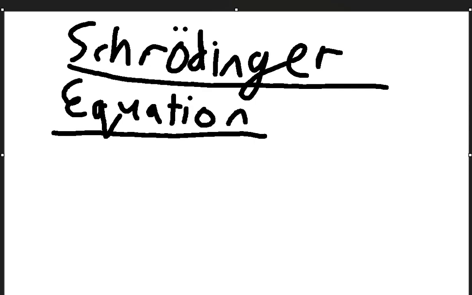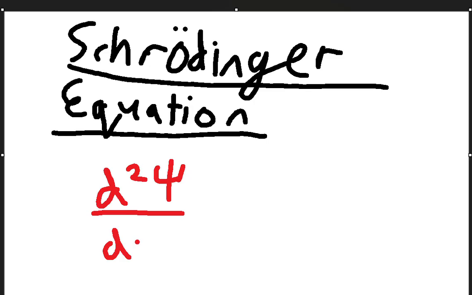Because of its many forms, we'll focus on the time-independent Schrodinger equation, which will look a bit like this. I'll color code it because I like color coding. D squared psi over dx squared. Oh wait, we have to put the constants here.